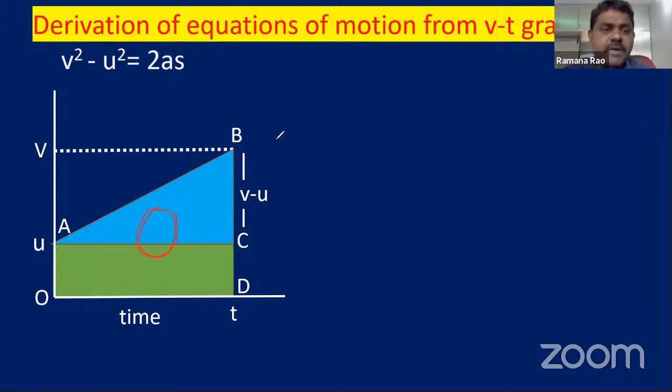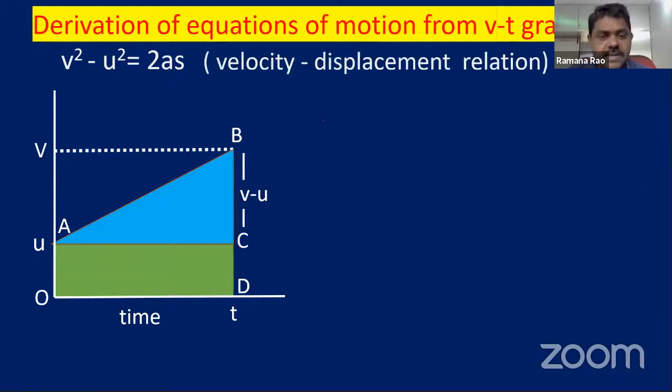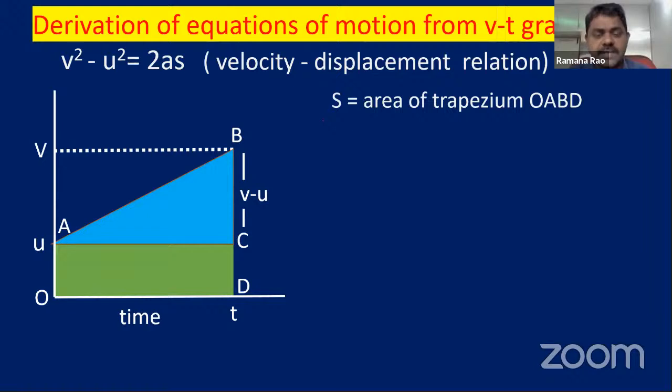If you want to find the area of a trapezium, you know the formula. So we are going to use the concept of area of trapezium here. S, the displacement, is equal to the area of trapezium OABD.